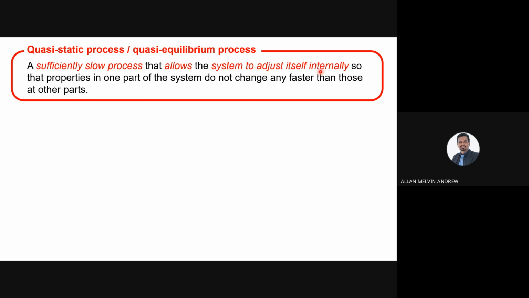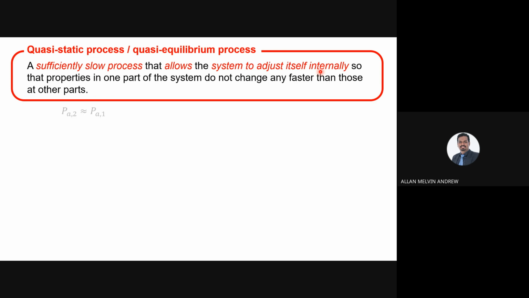Say you take one step at a time, the system adjusts internally every step, so after some time you see it is not having a lot of changes inside.